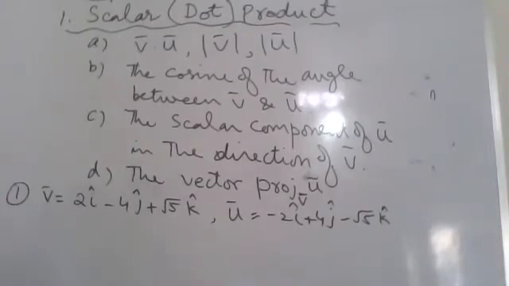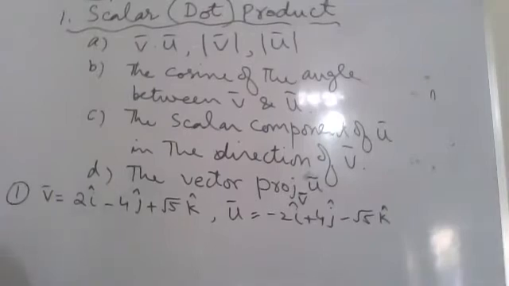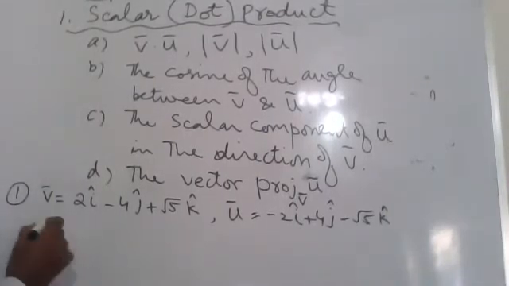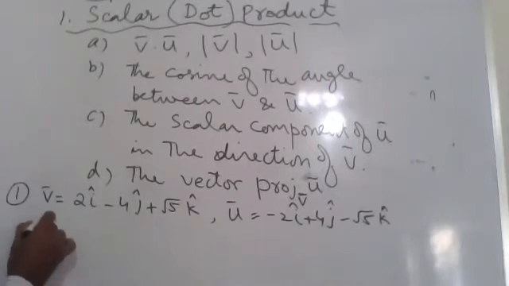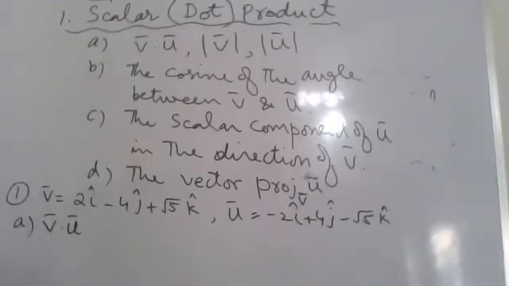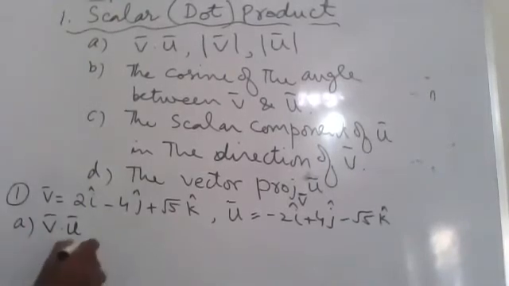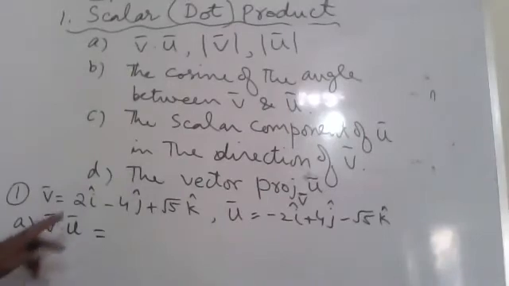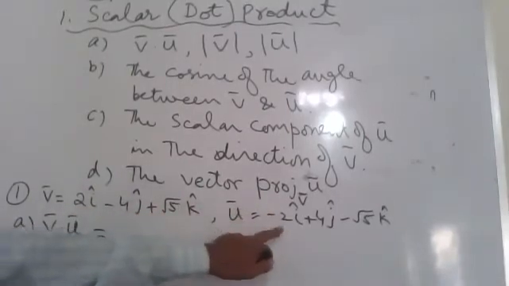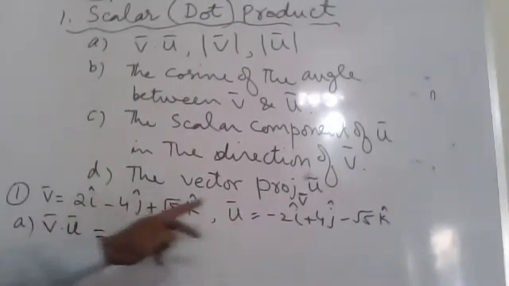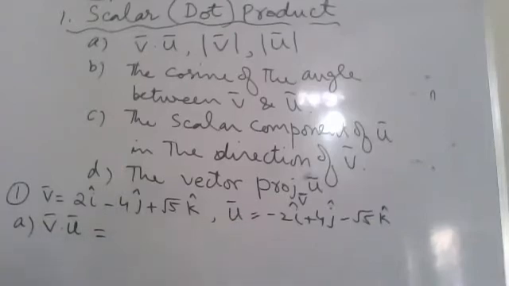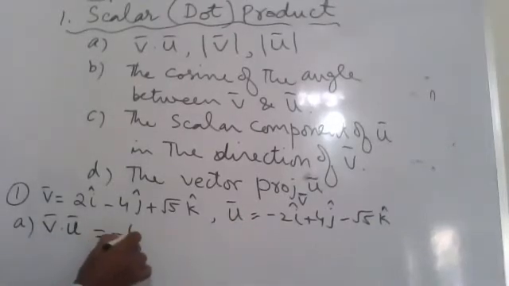First of all, we'll find v dot u. The a part: v dot u will be equal to the i component multiplied with the i component. 2i times minus 2i will be equal to minus 4, since i dot i is 1.